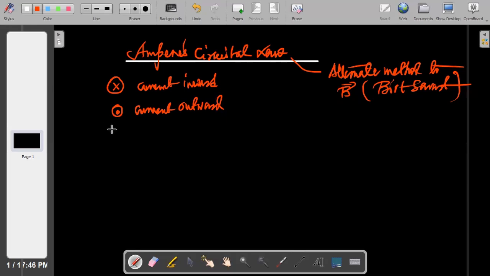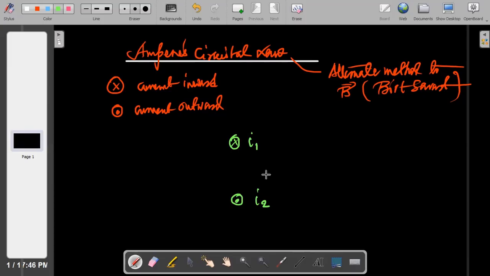So dot means outward and cross means inward. Now let us consider just a basic thing. Let us consider two currents, I1 and I2. One is coming inward and one is coming outward. So we will draw this as a cross, and this as a dot, right?